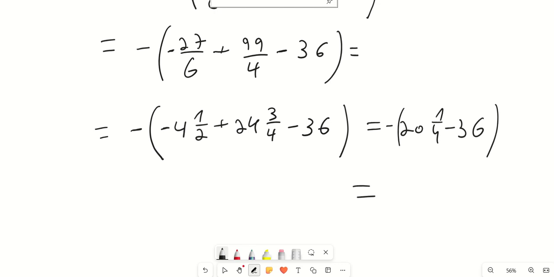So I get here negative and another minus outside. This is 15 and 3/4. This is the answer to part D.